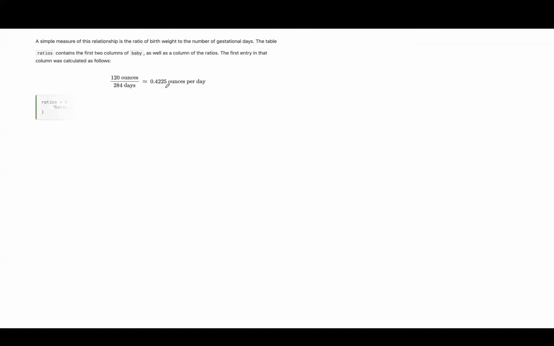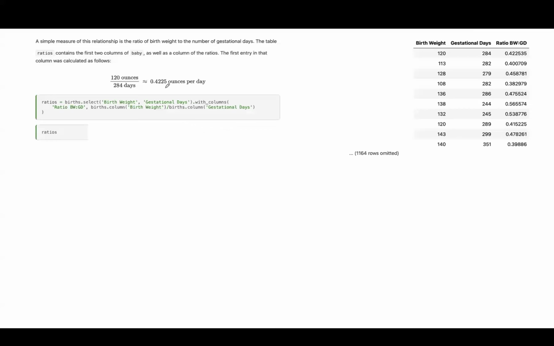So that's how we calculate these ratios. A simple division helps us to calculate the ratios. This is basically what we see in the ratio table: birth weight, the number of days that the mother was pregnant, and the ratio. 120 divided by 284, 113 divided by 282, and so on.